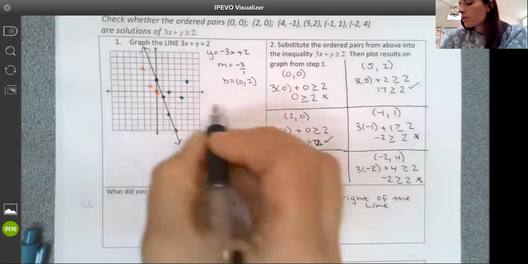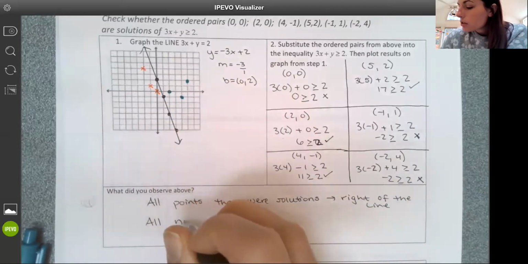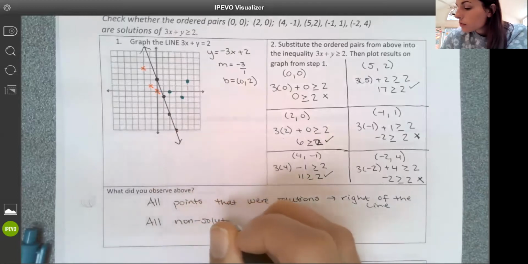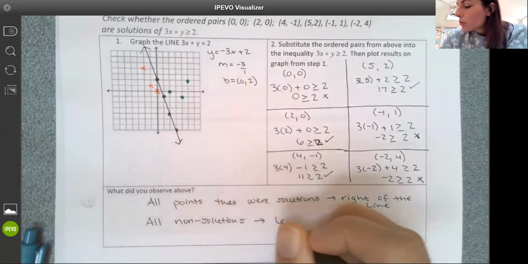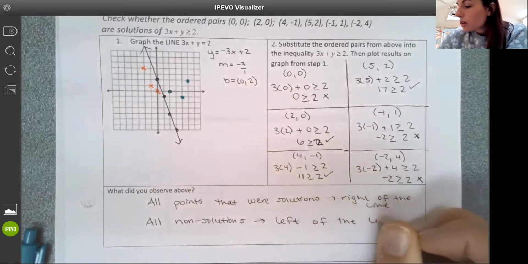Okay, if here's my line, to the right of the line, that's where my solutions were. And all the non-solutions were to the left of the line.